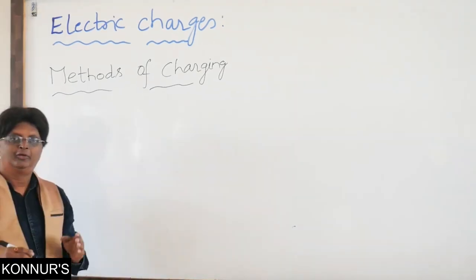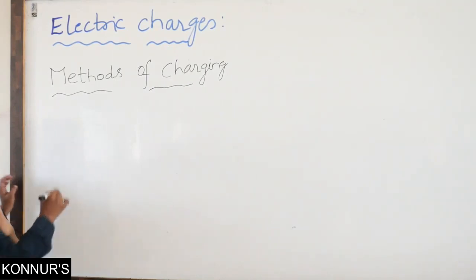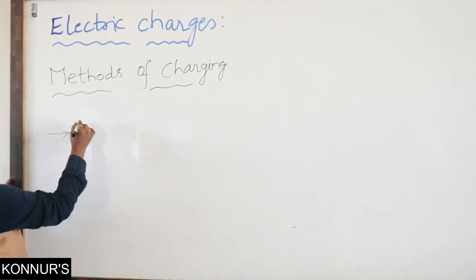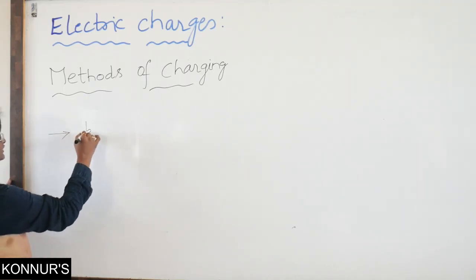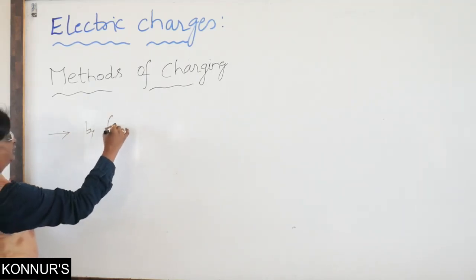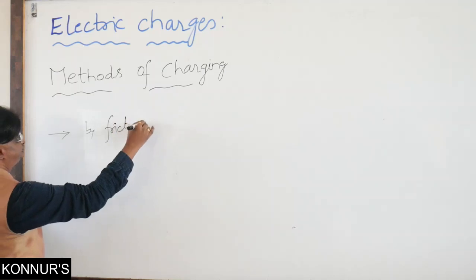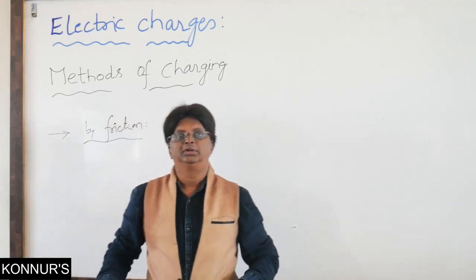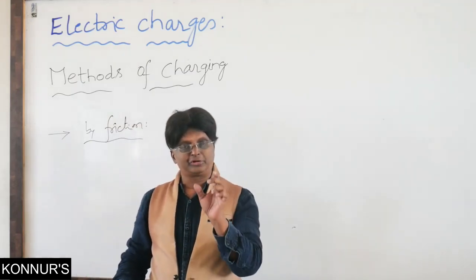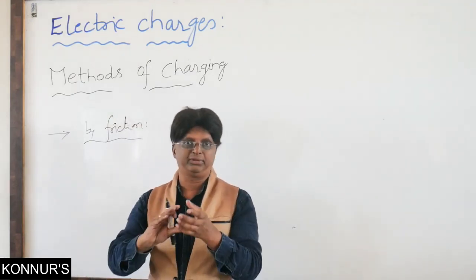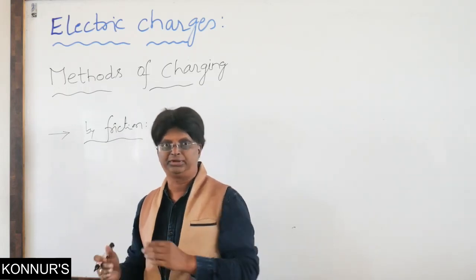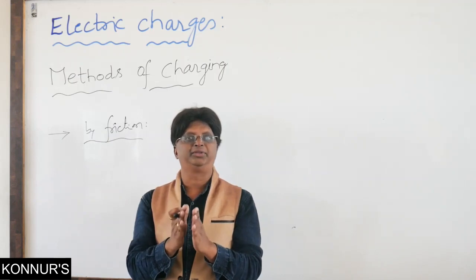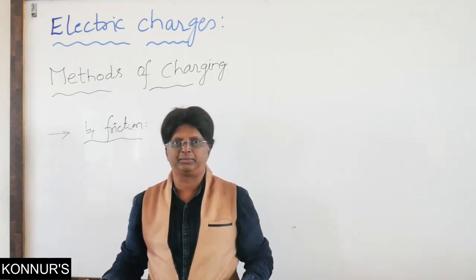One of the earlier methods by which we can achieve charging is charging by friction. A one or two line explanation I would like to give. Earlier we have taken the case of a glass rod, plastic rod, rubbed with fur material, silk material, wool material like that. When two objects are rubbed with each other, there is a kind of interaction between them, remember.